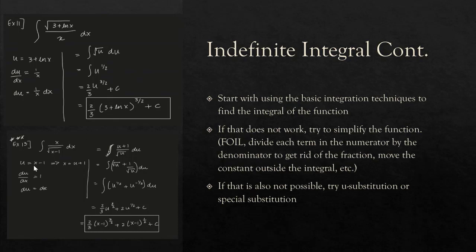In this case, x equals u plus 1, and you plug that in so that you can get everything in your integral in terms of u and solve it. When you solve it, this is what you get as your antiderivative in terms of u, and then you plug back in what your u is, which is x minus 1, into the antiderivative.